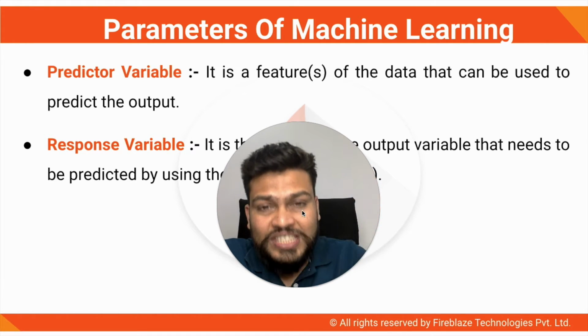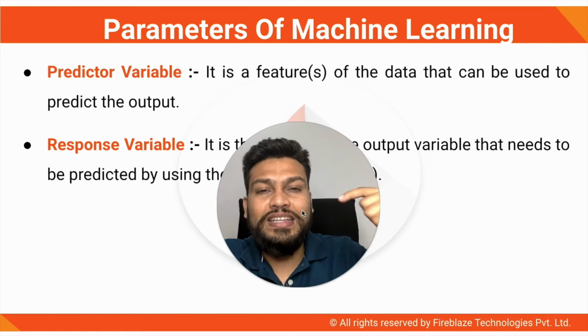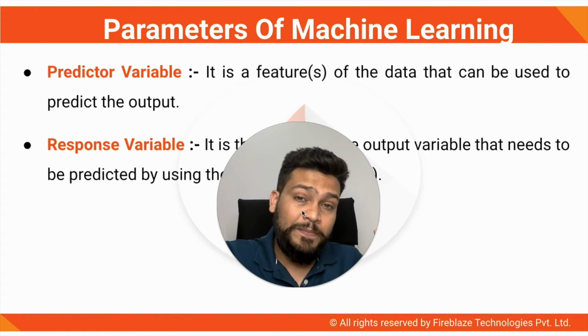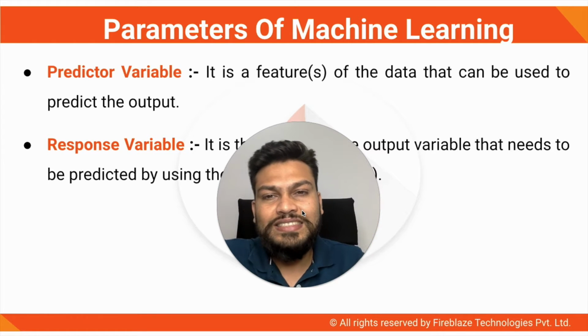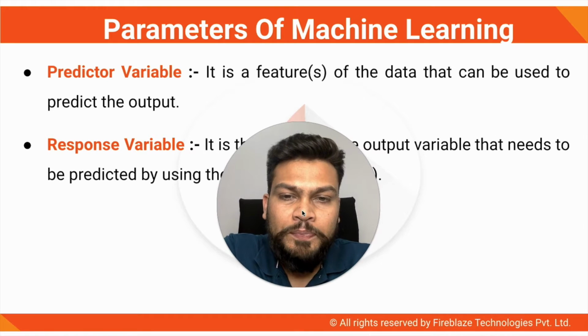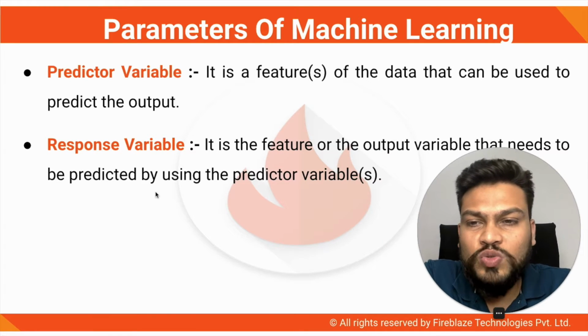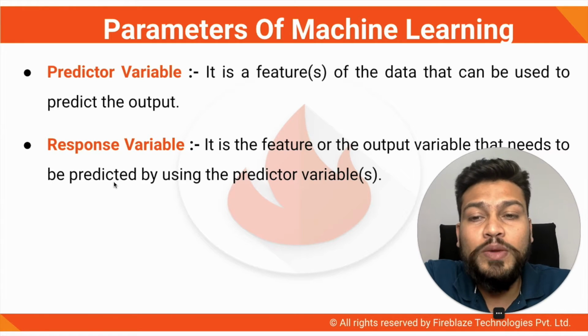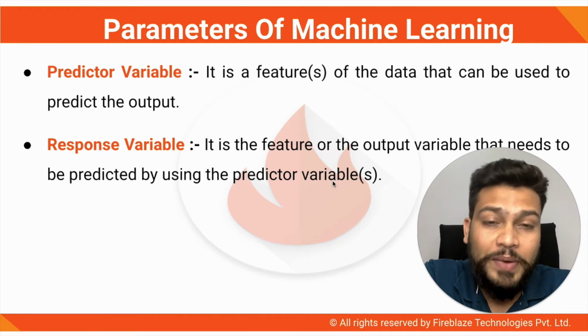The features, the columns, the input data which you will be utilizing for predicting the salary, that is the predictor variable. That you basically use to predict, right? And the response variable is the feature or the output variable that needs to be predicted by using the predictor variable.